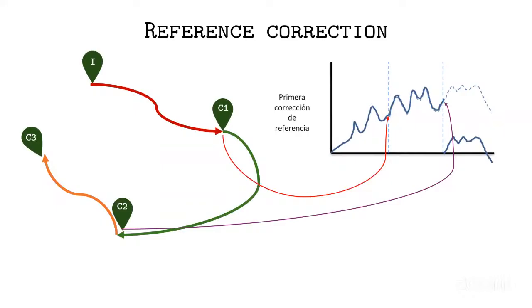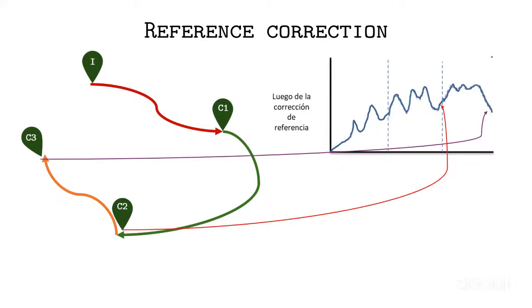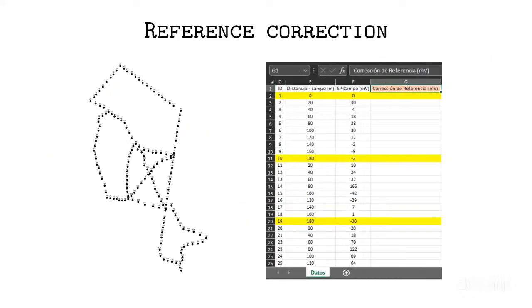This is done by adding the last SP value of the reference change to the following section until all sections are united. This is an example. This data is an example from El Salvador.